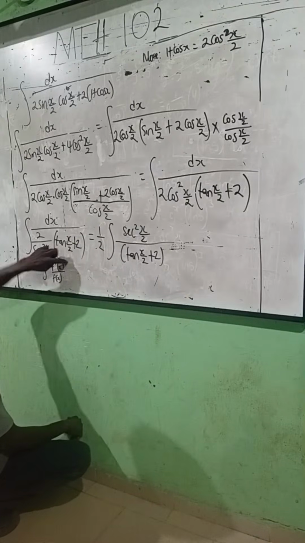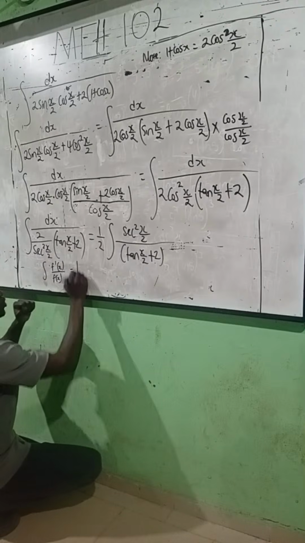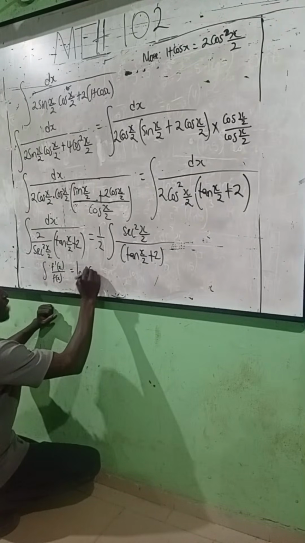So the integral of f prime of x over f of x equals ln f of x.